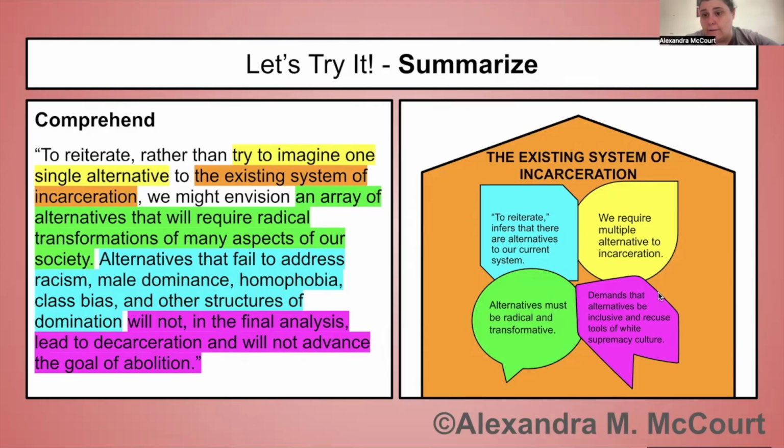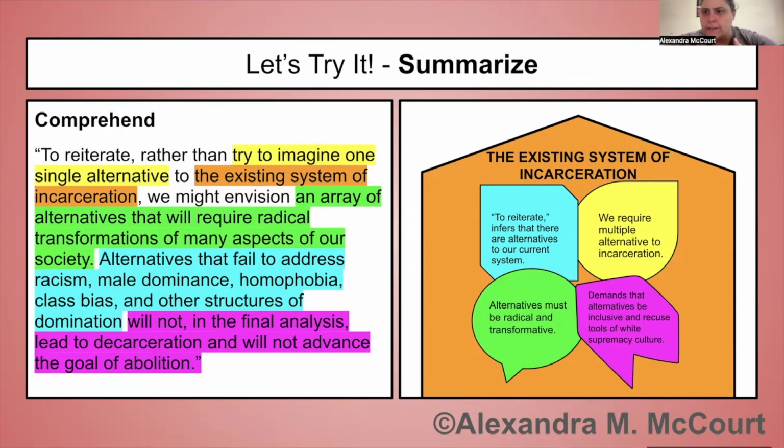No, I'm not saying that you have to make a diagram of entire articles. But if you find a quote that resonates with you and you want to really try and understand it, it might help to highlight it in different colors. It might help to create a visual diagram. There's a lot of different ways for us to begin to cognitively break something down in order to understand it.